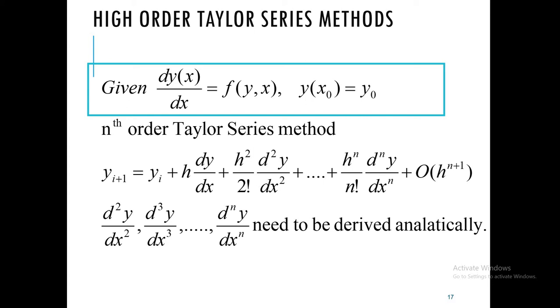If that is the case, then we have to find the first derivative, second derivative, third derivative, and fourth derivative, and then evaluate at the given points before we find y1. So already you've been given the first derivative, t minus y over 2. If you like, you can write it as t over 2 minus y over 2. Then we have to find the second derivative.